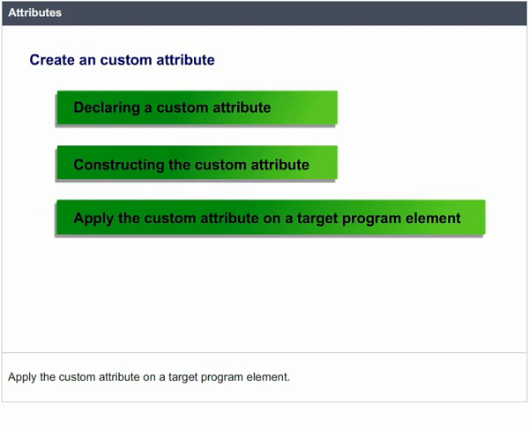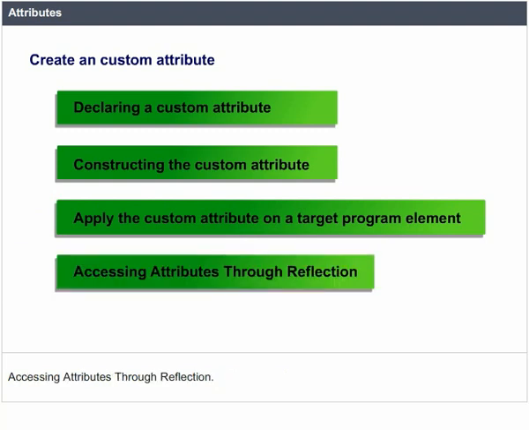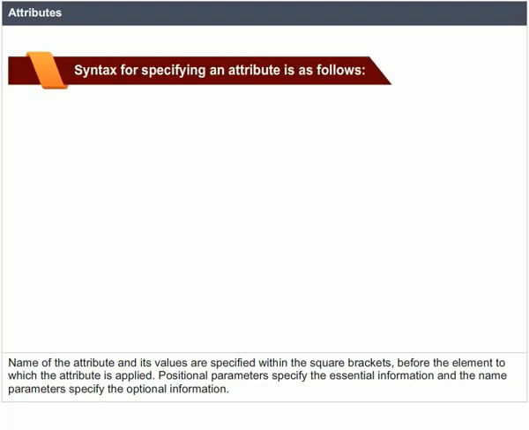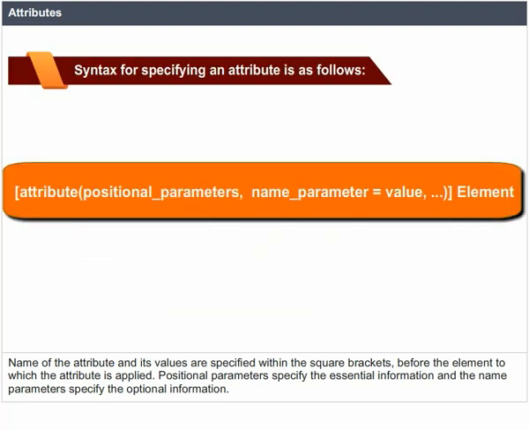Attributes. Syntax for specifying an attribute is as follows. Name of the attribute and its values are specified within square brackets before the element to which the attribute is applied. Positional parameters specify the essential information, and the named parameters specify the optional information. Syntax for specifying this attribute is as follows.